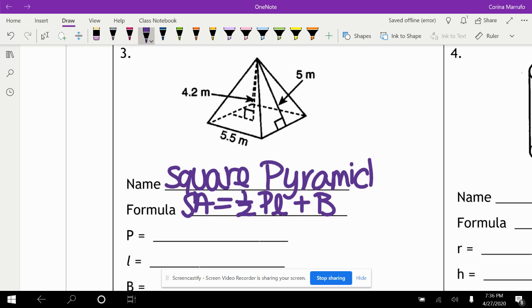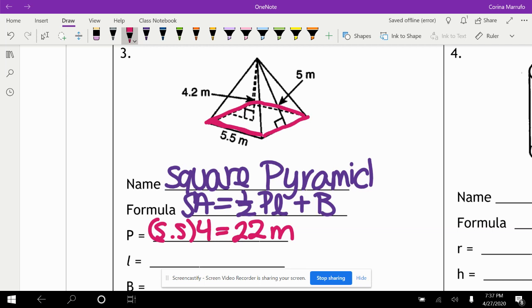So perimeter, we start off with the perimeter of the base. So since this is a square pyramid, if this is 5.5, then this is also 5.5. So that means all the way around it is going to be 5.5. So for perimeter, we're going to do 5.5, and since they're all the same measurement, we can just go ahead and multiply that times 4. So 5.5 times 4 is going to give us 22 meters.